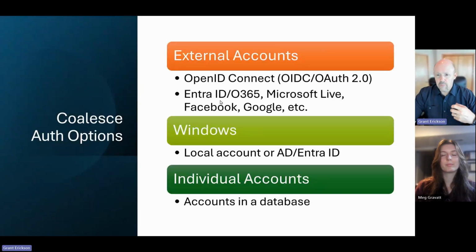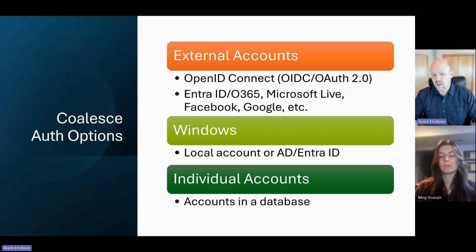From this perspective, we really have three primary ways. There are lots of different options, but we're just trying to cover the high-level ones that we see as the most common, and all of these can be combined together. As far as external accounts go, you have OpenID Connect, which is going to do your Entra ID, your Microsoft Live, your Facebook, and your Google.